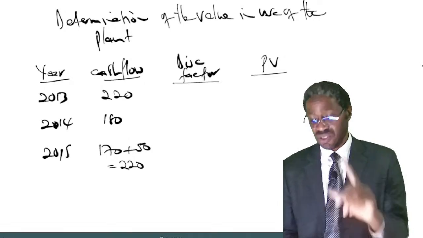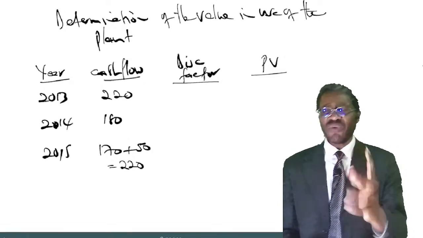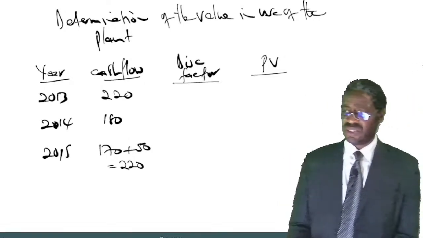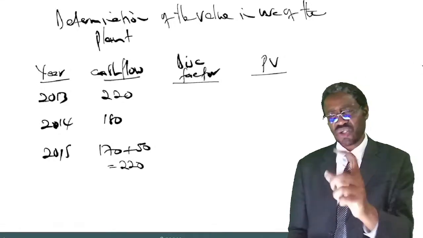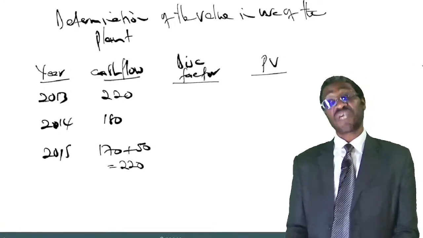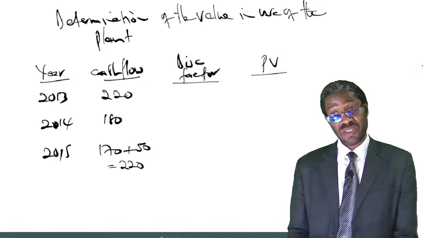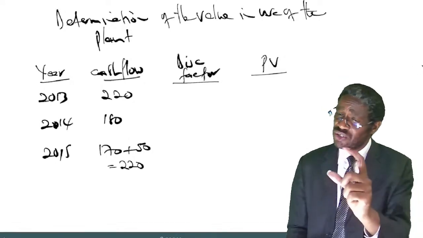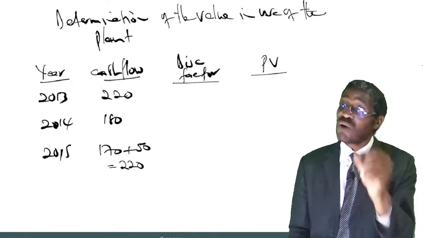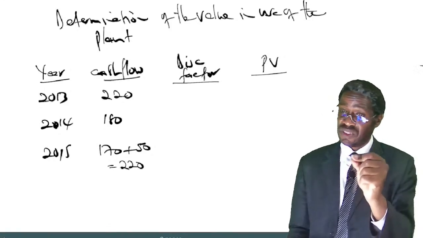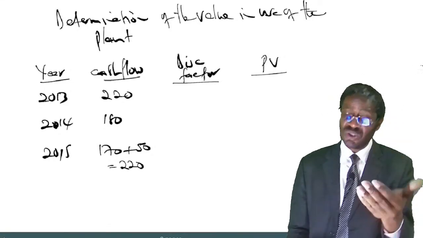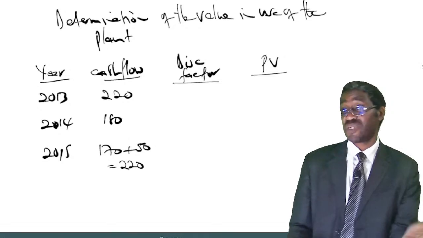Are you there? Good. Now we can get the discounting factors. Listen, this question has given us those discounting factors. There are questions that don't give you the discounting factors, but they just tell you the cost of capital is 10%, like in this question.